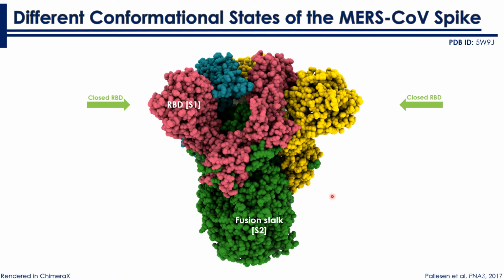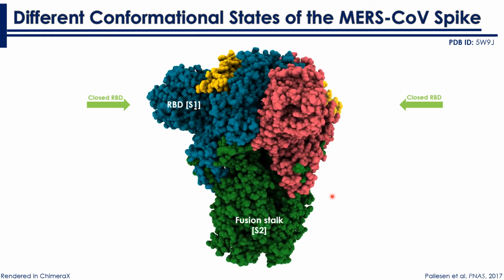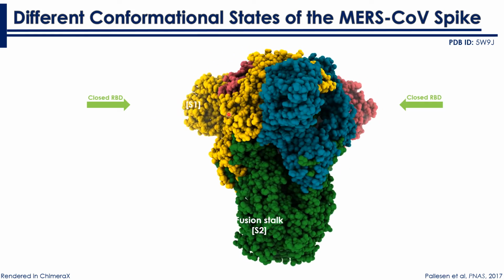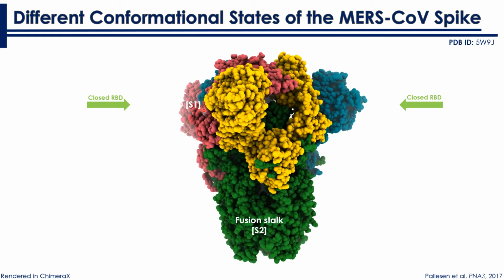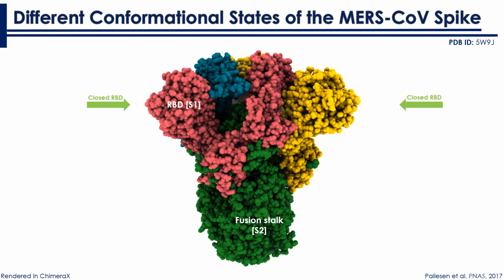As I mentioned earlier, the spike protein can exist in different kinds of conformational rearrangements and conformational states. So this is the first conformational state, where, as you can see, the RBD, which is in the S1 subdomain, is closed.